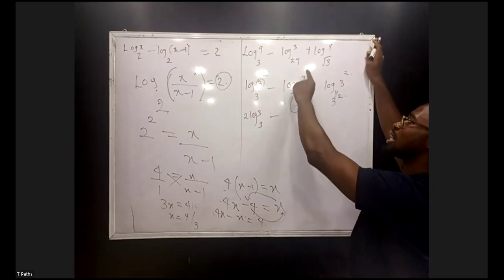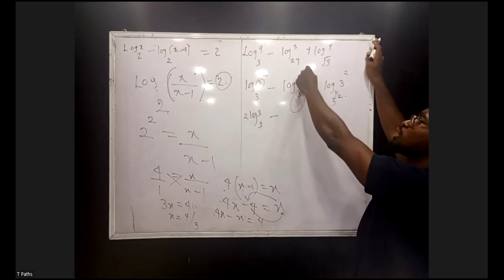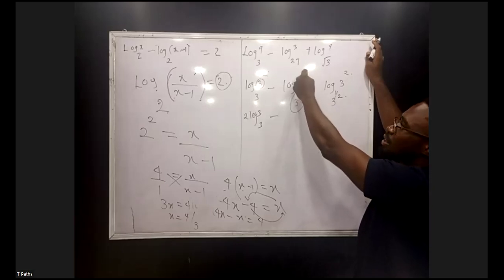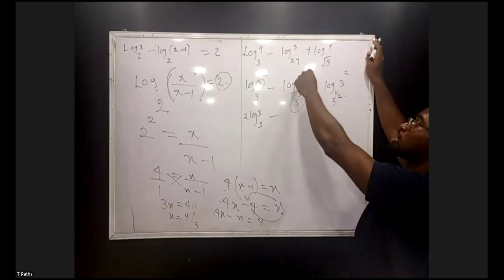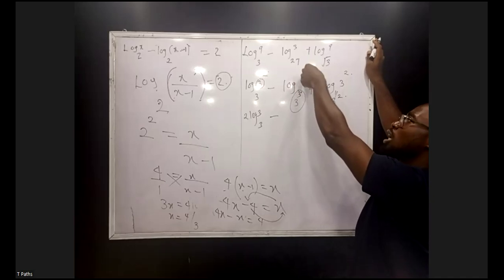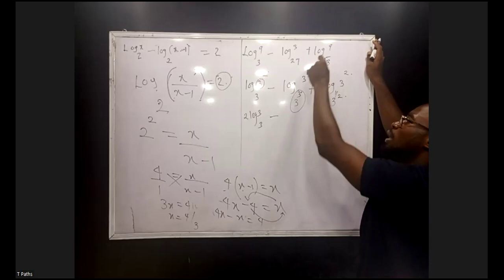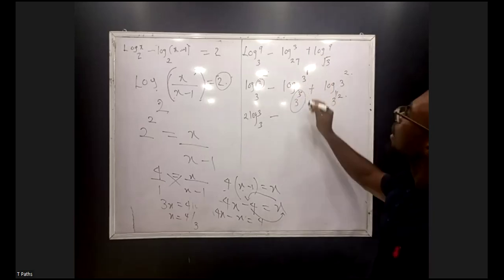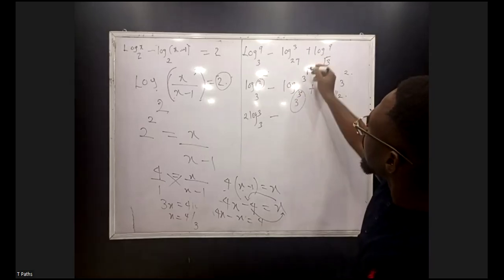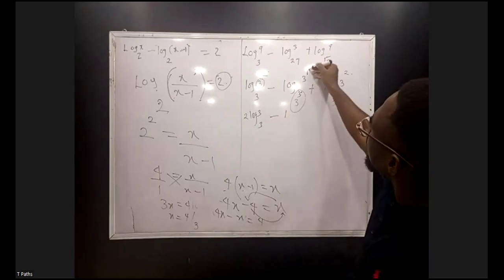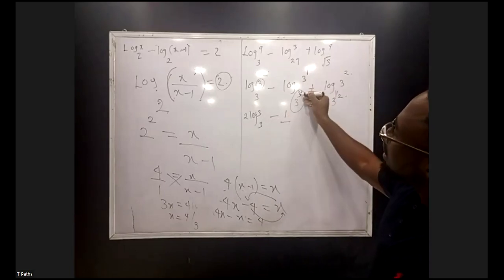And there's a rule that says that, let us assume that the 3 is raised to power 1, because ordinarily 3 is raised to power 1. So there's a rule that says that if the logarithm that you're evaluating has a power, the base also has a power, take the exponent of the base, 1 divided by the power of this one.